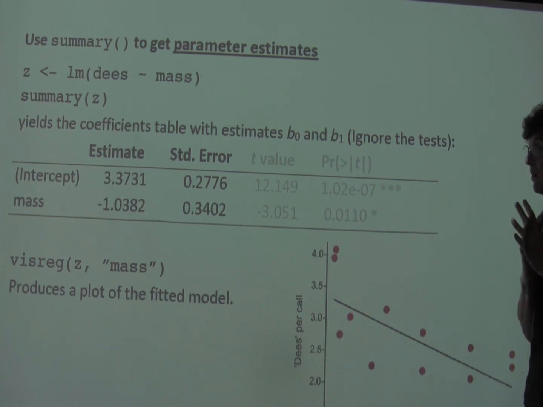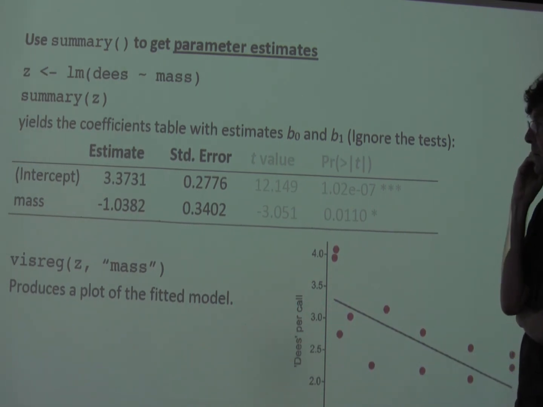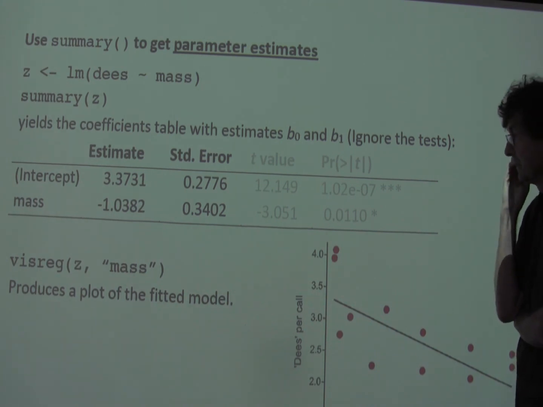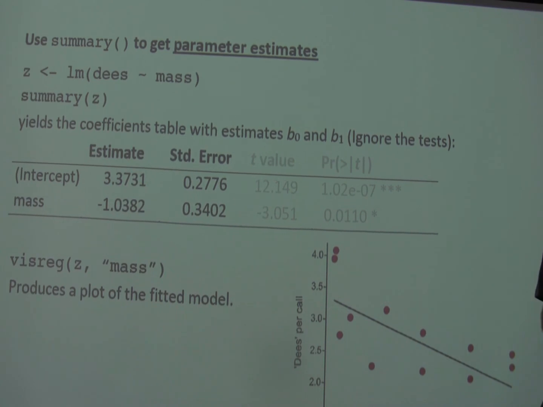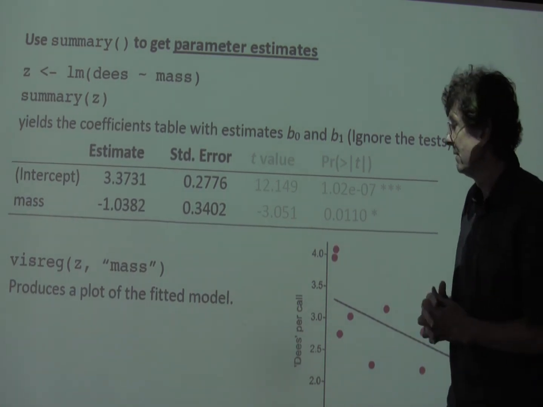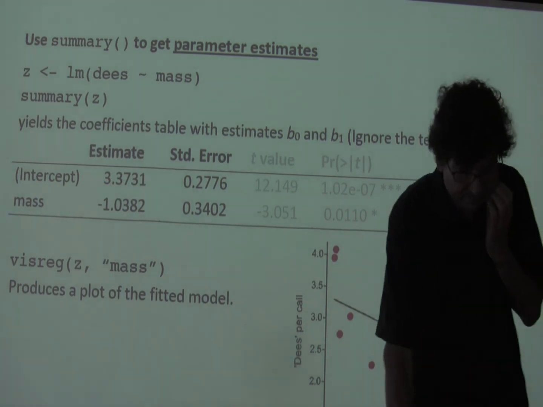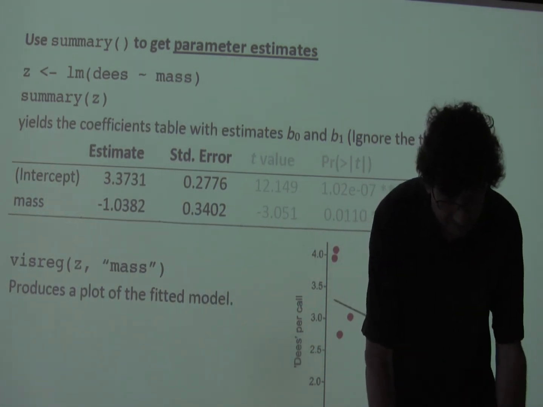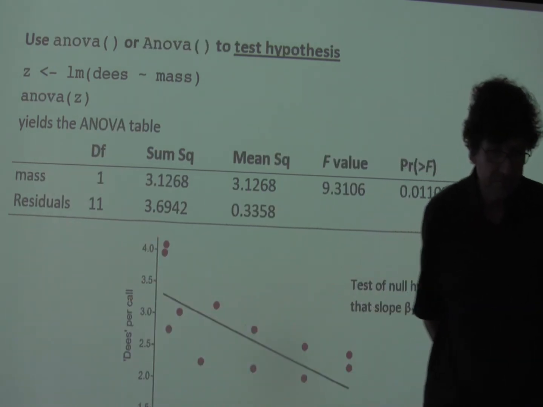Make sure it's downloaded on your computer before the workshop on Thursday. This simple statement here will produce a plot with the model fit. So we gained another function applied to the model object Z to get good stuff out.